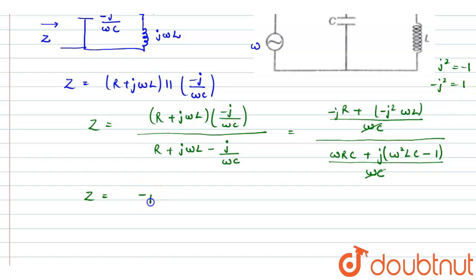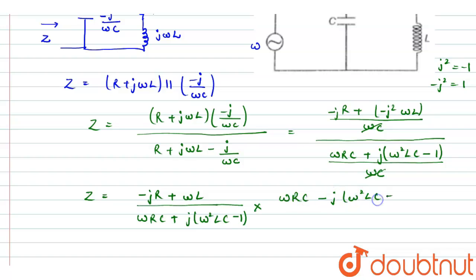So here I will get minus jR plus omega L, whole divided by omega RC plus j times omega square LC minus 1, and to rationalize we multiply by omega RC minus j times omega square LC minus 1, whole divided by omega RC minus j omega square LC minus 1.